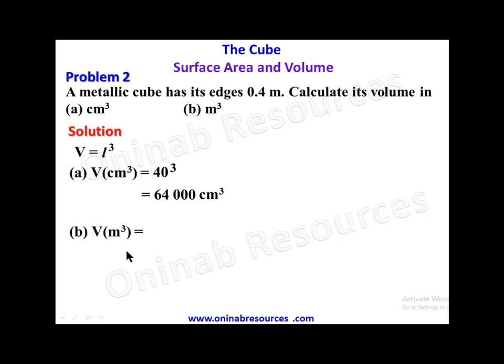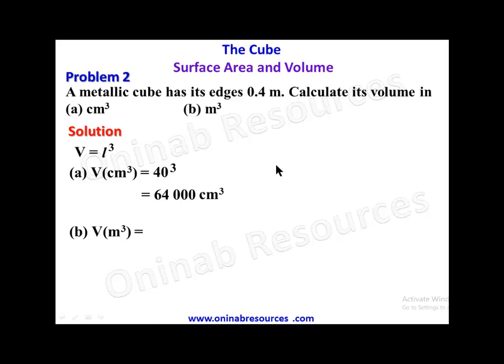And the B part of the problem says volume in cubic meters. So we just convert this to cubic meters by dividing by 100 three times. Because if you have 10 centimeters and you want to convert it to meters, you divide by 100.